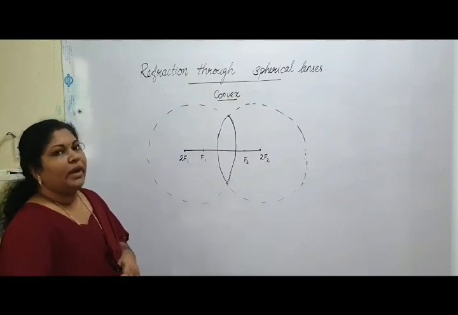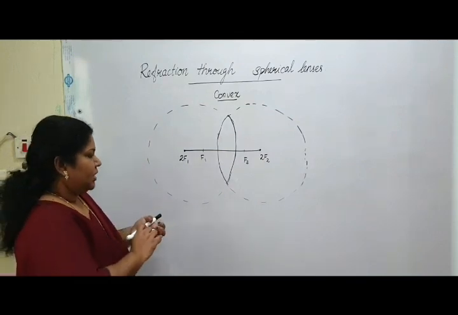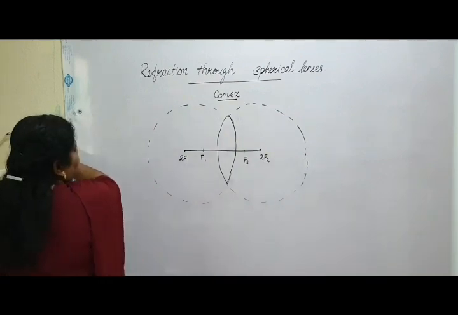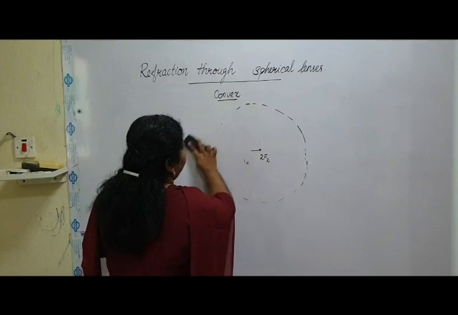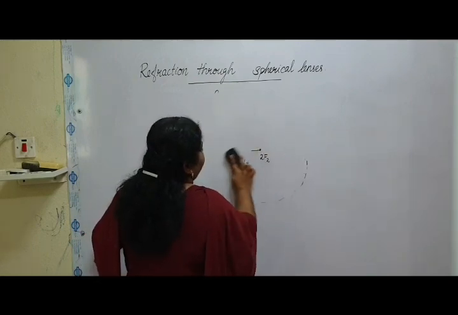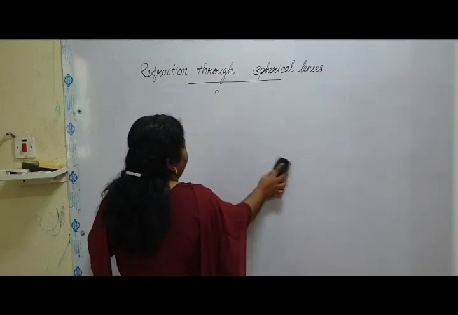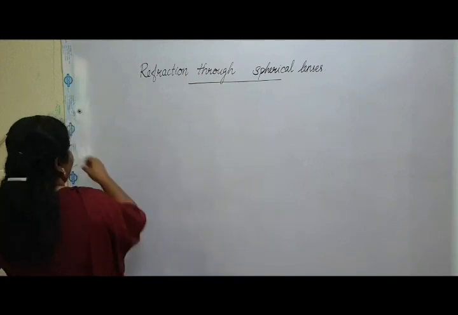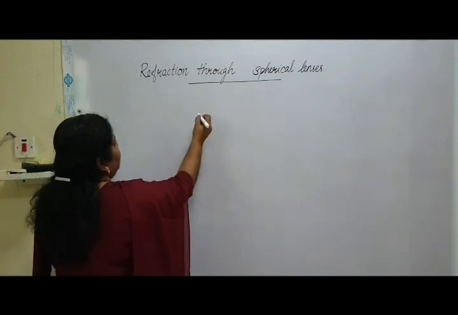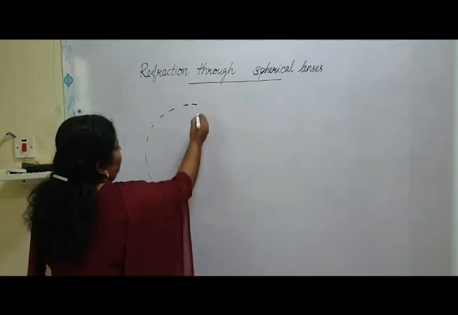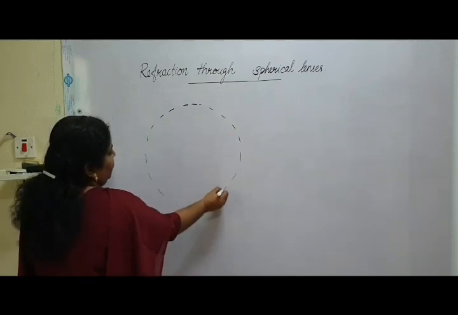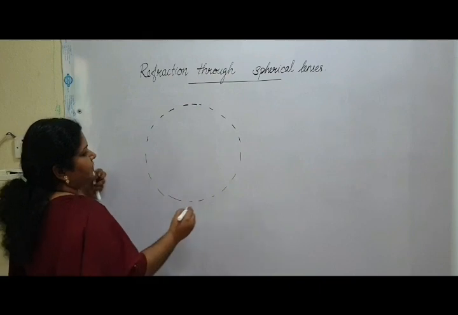Now we will see how a concave lens is formed. So for that again two spheres we are going to take. One sphere.